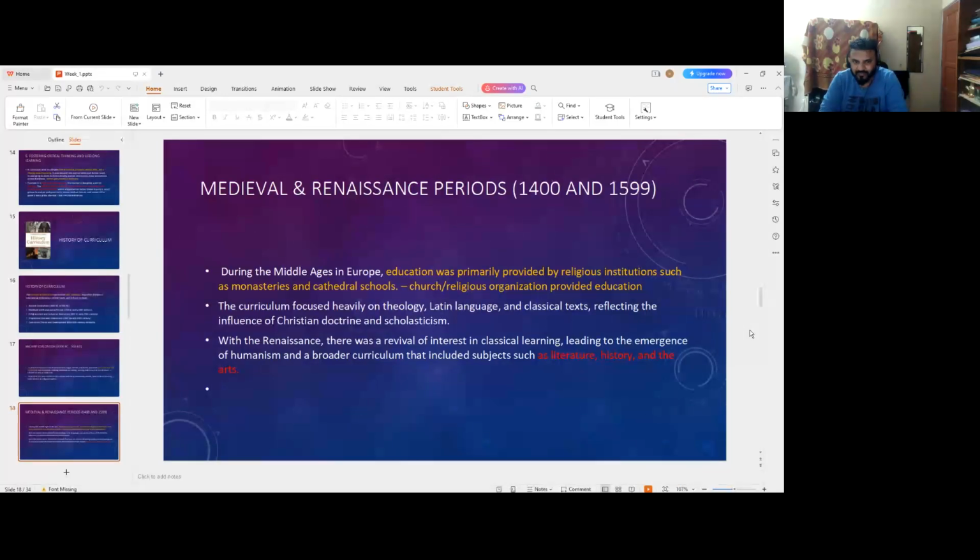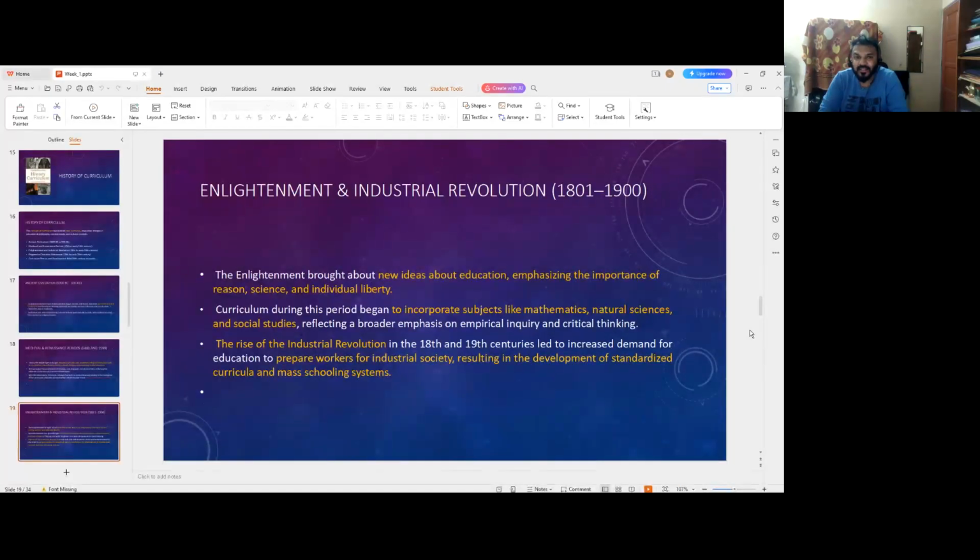And then the Renaissance was a very interesting point in terms of classical learning, with the emergence of humanism and a broad curriculum that includes subjects such as literature, history, and the arts. The Enlightenment and Industrial Revolution: the Enlightenment brought new ideas for education and emphasized how important education is, to think broadly about science and non-science and individual liberty.